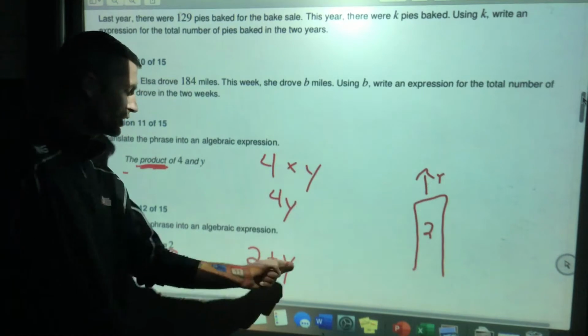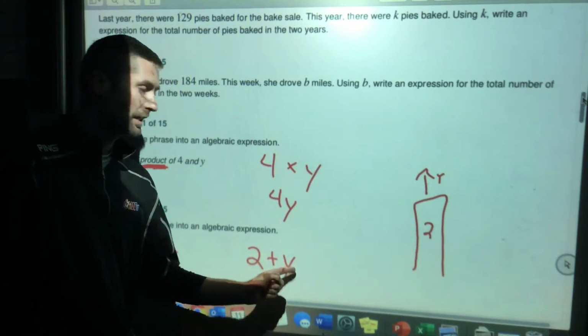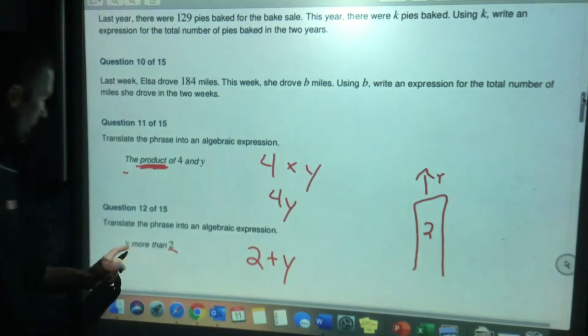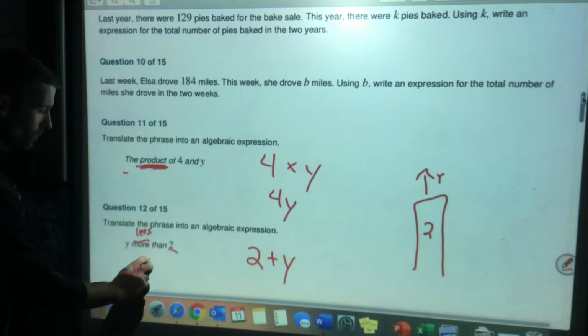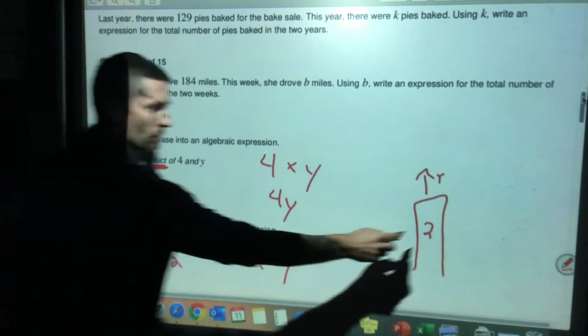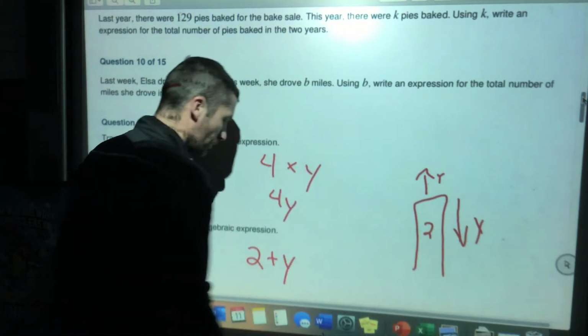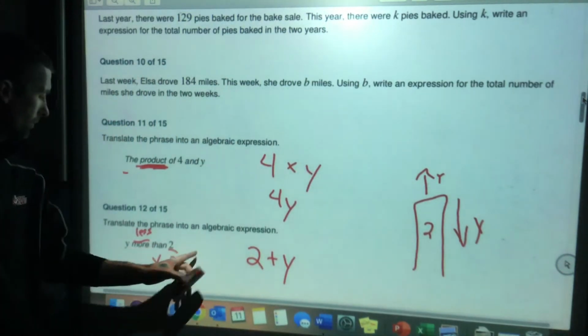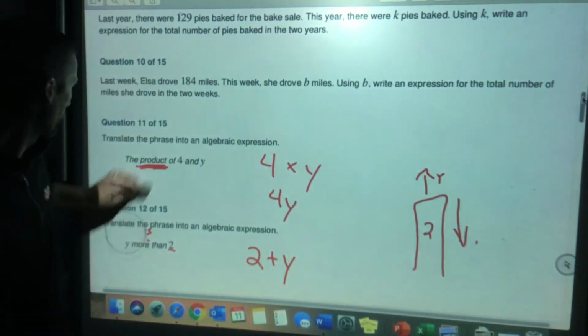With addition, you can go in either order, but with subtraction, we would definitely have to have the y second. Because if it said y less than 2, you can't do y minus 2. You're starting with 2, and you're going down y. Most of the time we go left to right, but on this one, we have to flip it. Know what you're starting with.